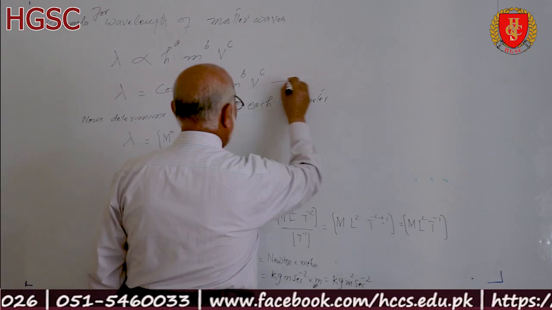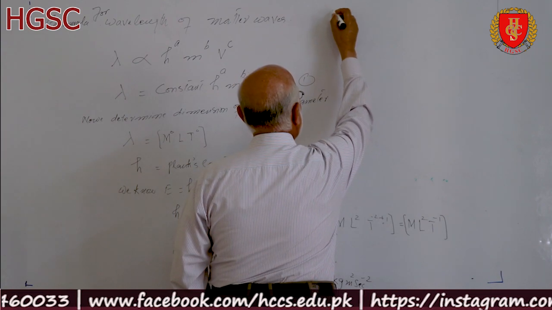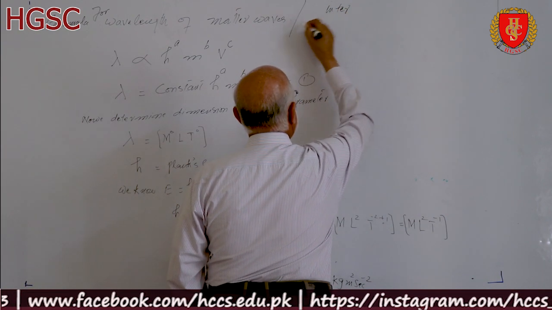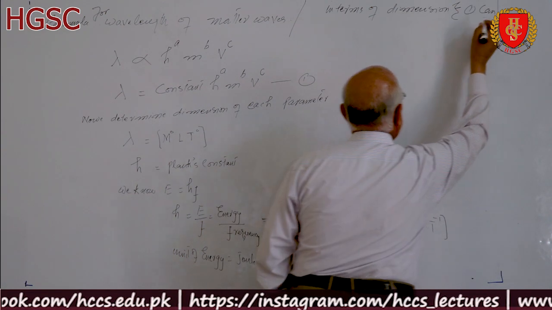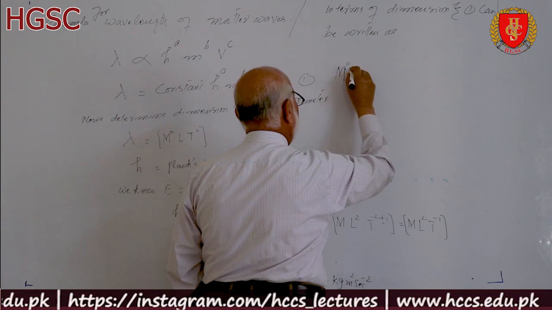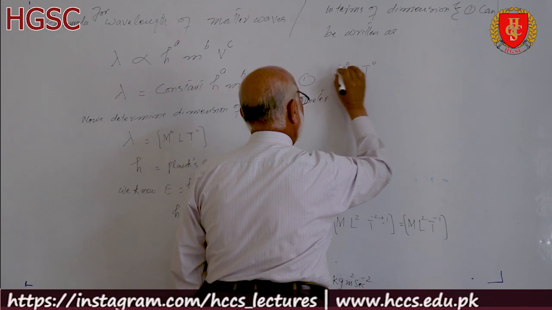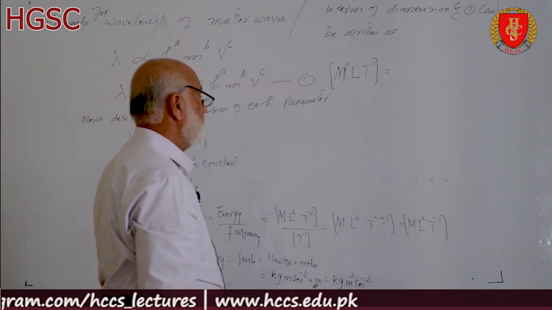So this equation number 1 can be written in terms of dimensions. Equation 1 can be written as M0 L T0. This is the dimension of wavelength lambda.